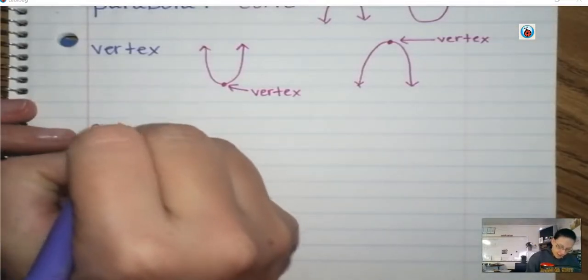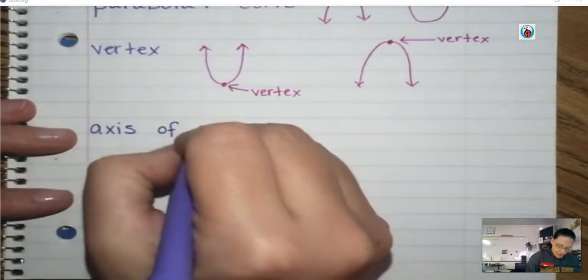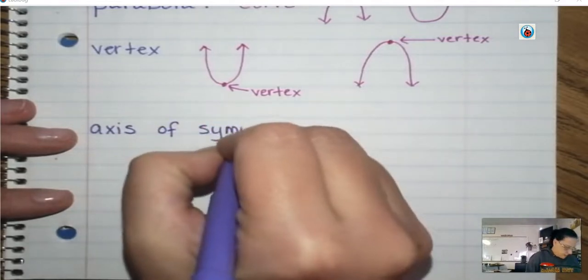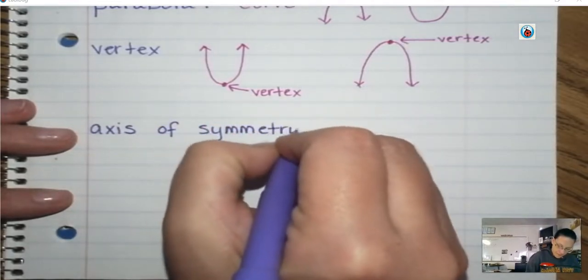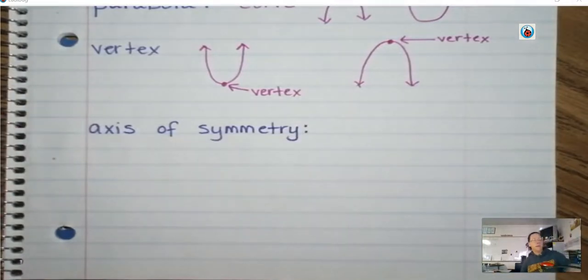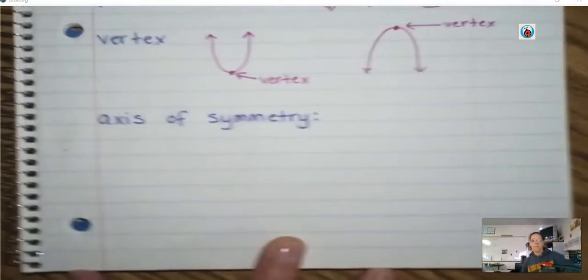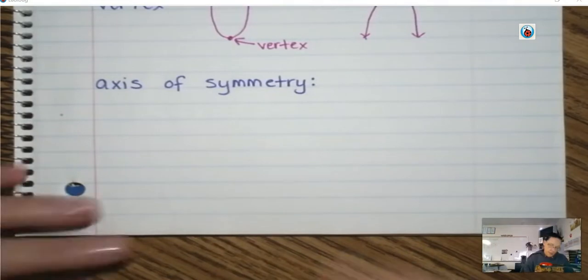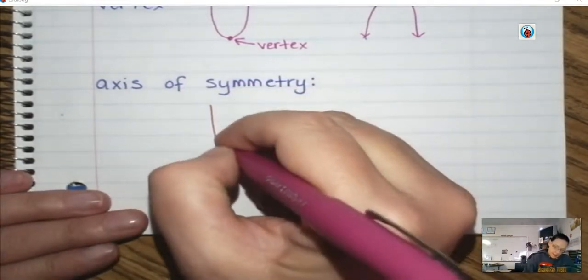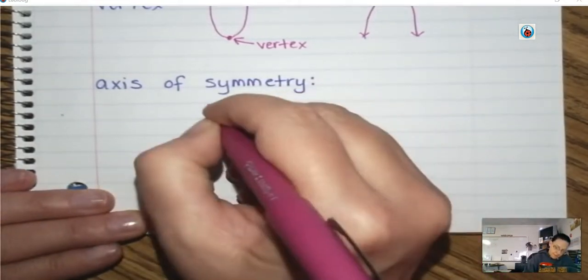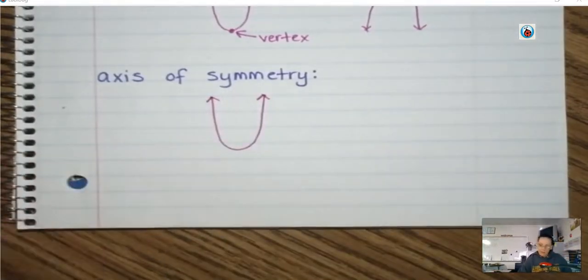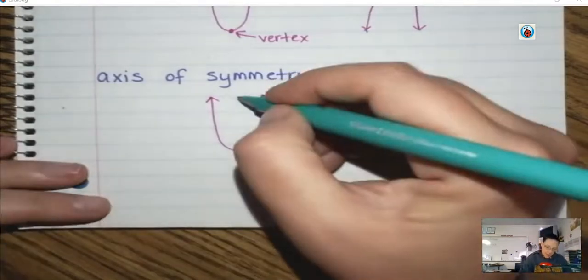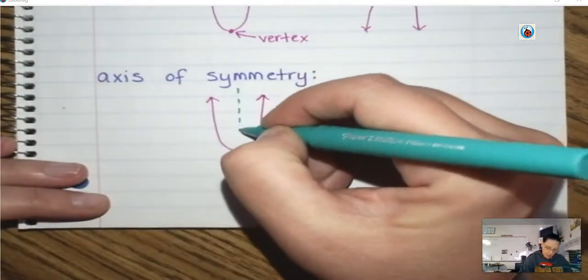Next, the axis of symmetry. The axis of symmetry, when I have my parabola, is, let me get a different color. It is the line that cuts the parabola perfectly in half.